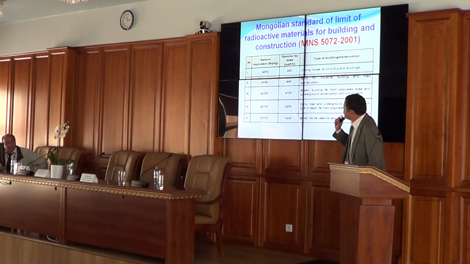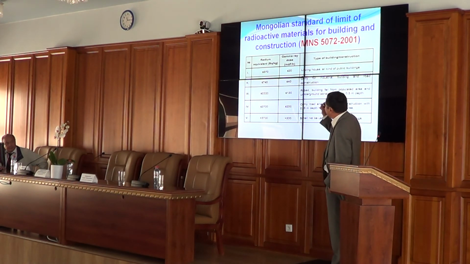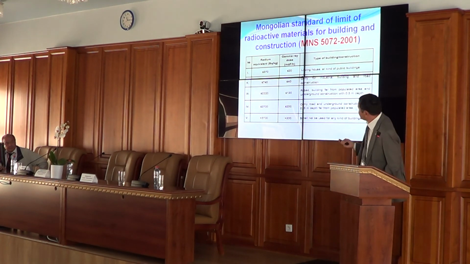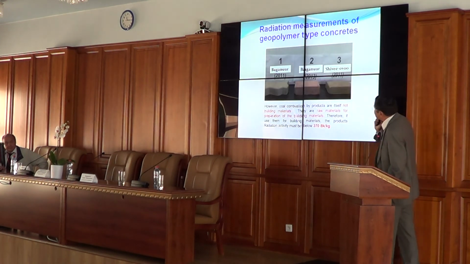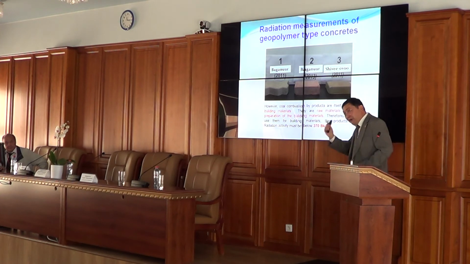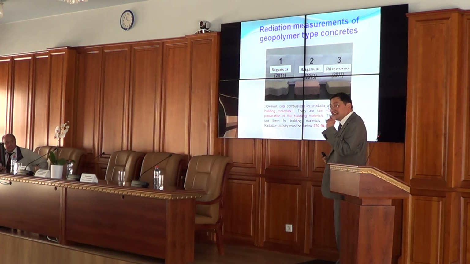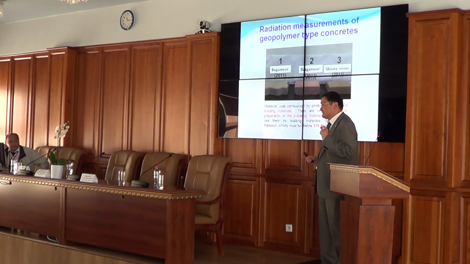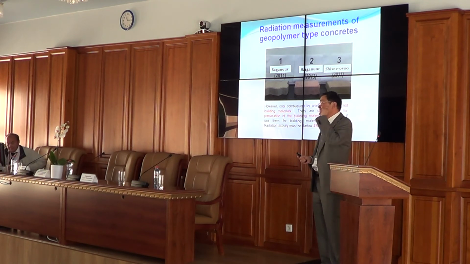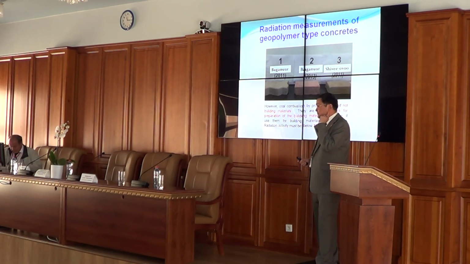And 370 becquerel per kilogram of radium must be the limit for building materials, and our radiation measurements sometimes show figures near 370. But one thing which each person needs to understand is that fly ash or post-combustion byproduct is itself not a building material. It's a raw material, one of the raw materials for making building materials.